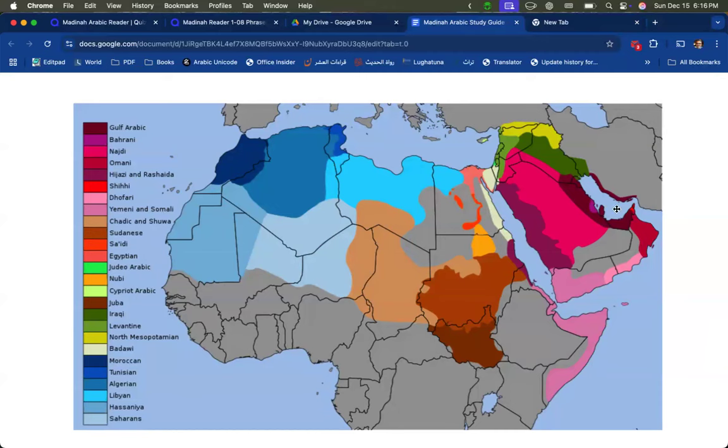So what you see: there are Arabic dialects, and two major ones. There's the Eastern Arabic and the Western Arabic. Eastern Arabic is made up of the dialects of Palestine, may Allah subhanahu wa ta'ala protect them, Jordan, Syria, Iraq, Saudi Arabia, Yemen, Emirates, all of those.